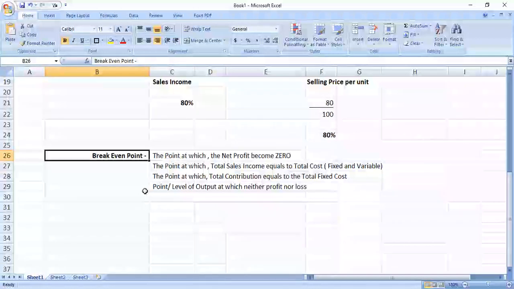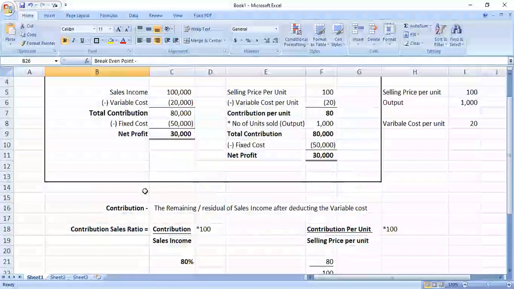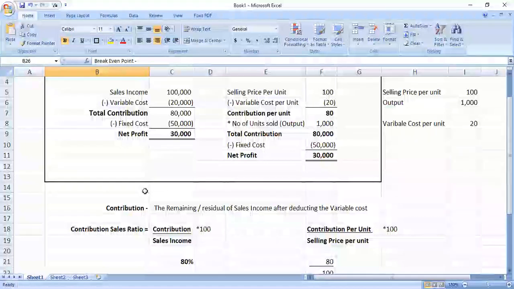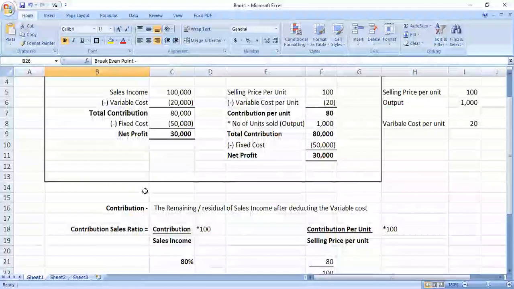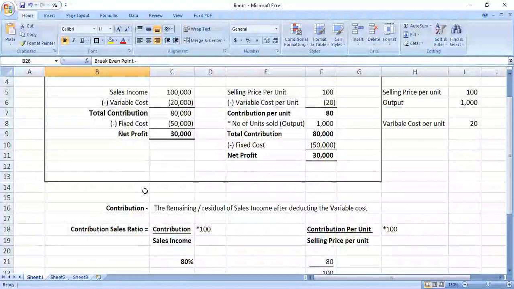Why do we want to calculate this? Because guys, we have to check at what point I don't have any profit or loss, right? I want to go beyond that point to earn a profit.